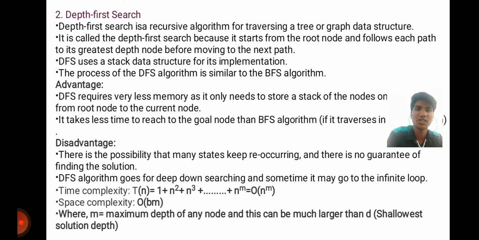So the main advantage of depth first search is it will take less time, and the disadvantage is there is the possibility that many states keep recurring. So more states will be repeating.